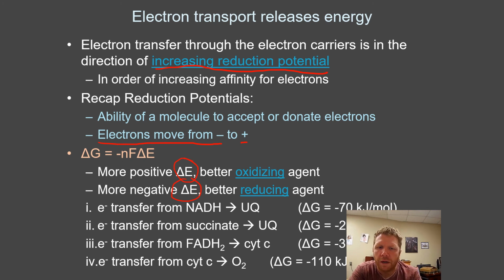Now, if you look down here, we've got our transfers. So complex 1, electrons are transferred from NADH to coenzyme Q, or UQ, which is ubiquinone, another name for coenzyme Q. Electron transfer from succinate to UQ is step 2. Step 3, electron transfer from FADH2 to cytochrome C, and then electron transport from cytochrome C to O2 are all displayed down here.